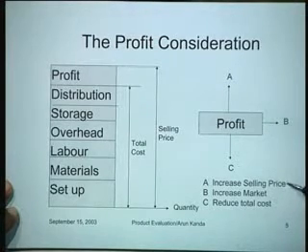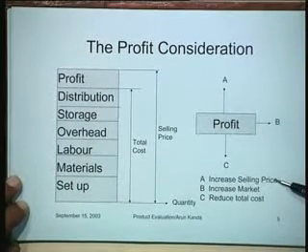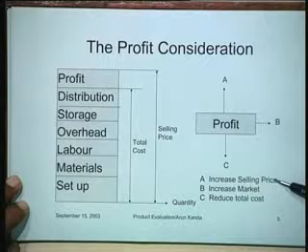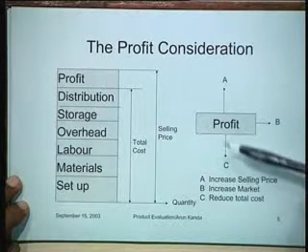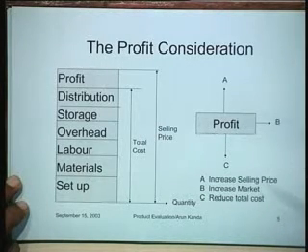But this is not a very good strategy. Why is it not a good strategy? It's not a good strategy because if it's a competitive world like it is today, the chances are that you would lose out on sales. Your market share would tend to drop if you increase the selling price.